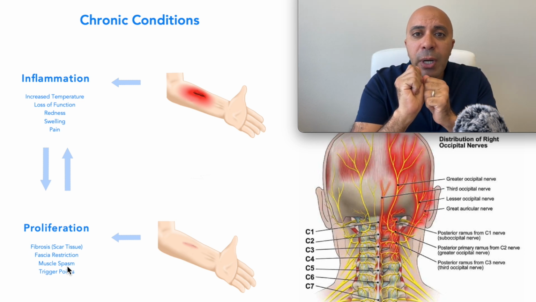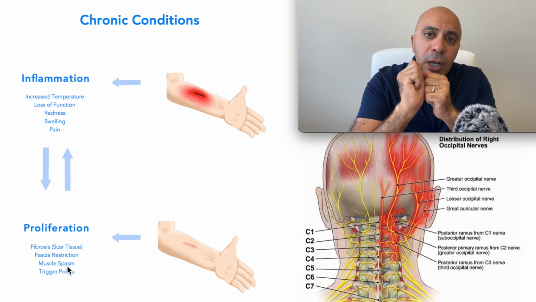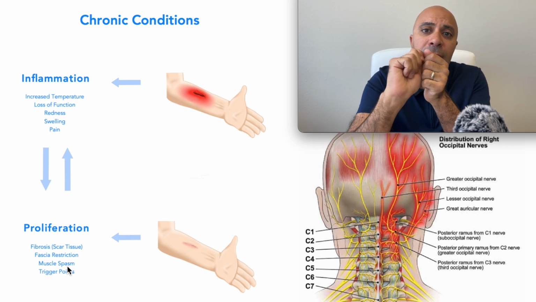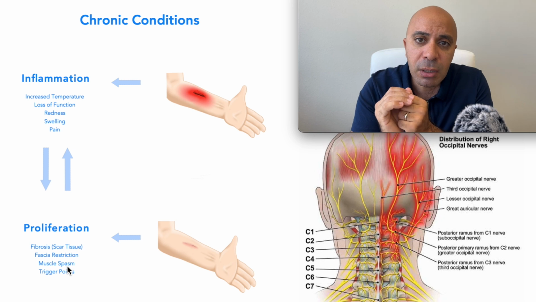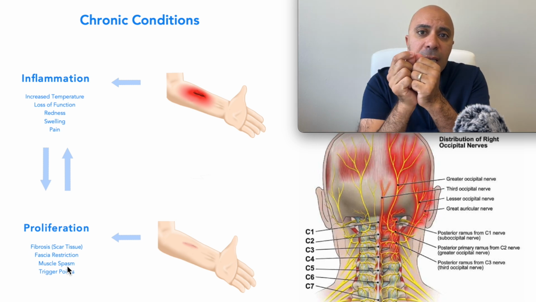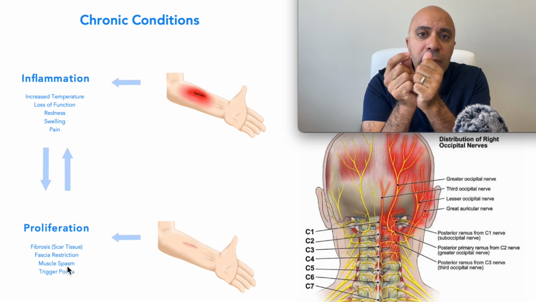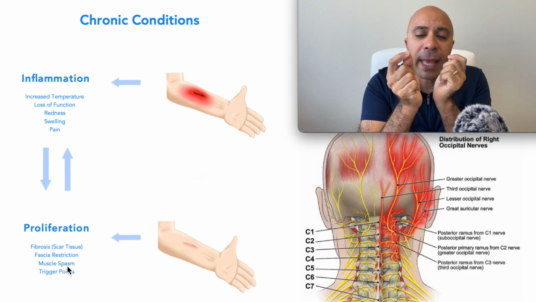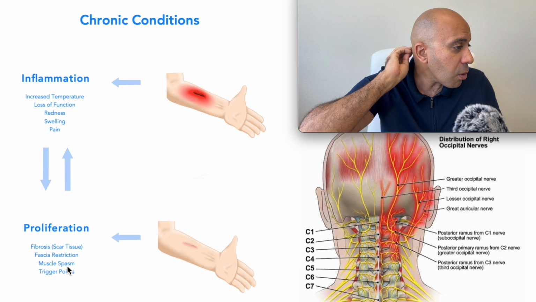So when you have fibrotic tissue, scar tissue from poor posture, poor body mechanics, or accident, that is compressing on the occipital nerve, it's like you have a knot in the muscle, so when your muscle starts to contract, it will not stretch much, and that will cause more compression on the nerve.